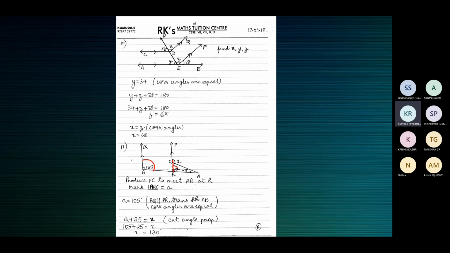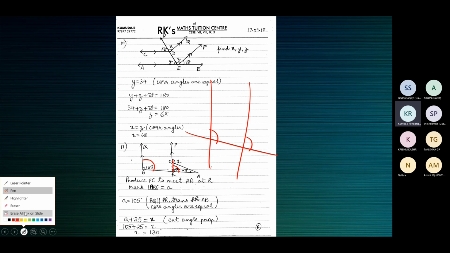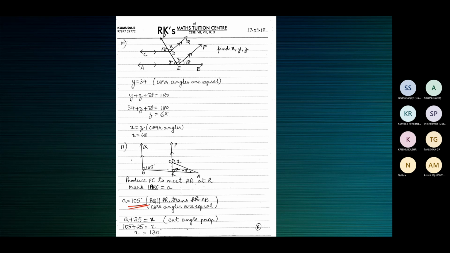The other parallel line, same transversal, not some other line, same transversal is A. If you look very carefully, both of them are corresponding angles. Both of them are below. A is equal to 105, corresponding angles are equal.